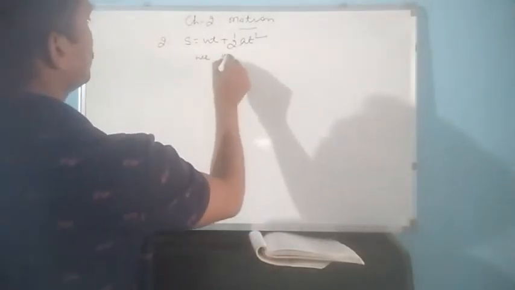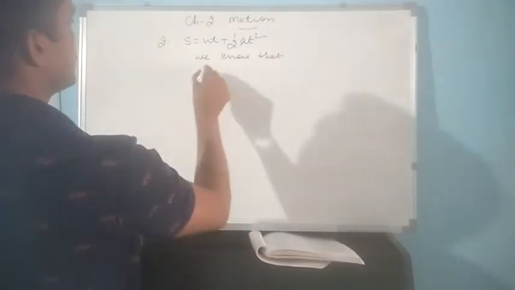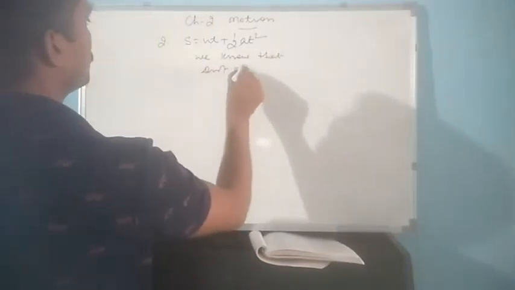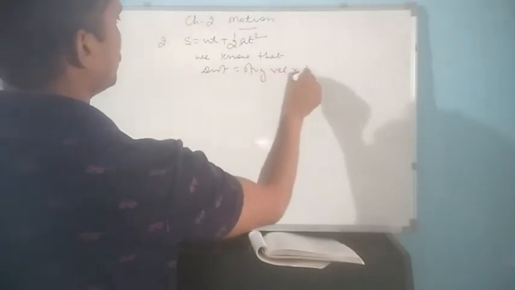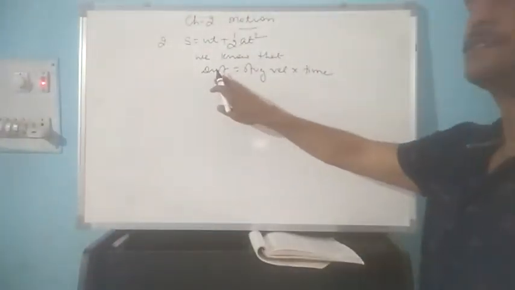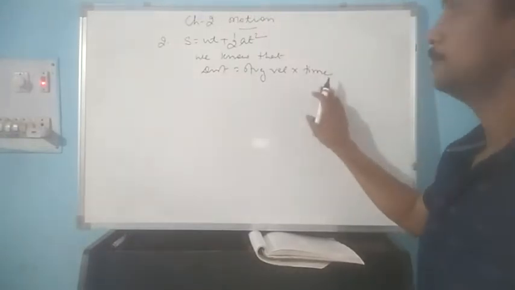We know that distance is equal to average velocity into time. So this is the formula we have for finding the distance.